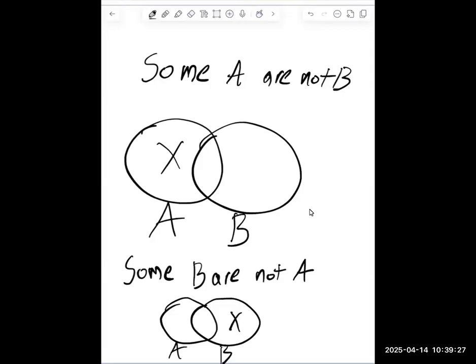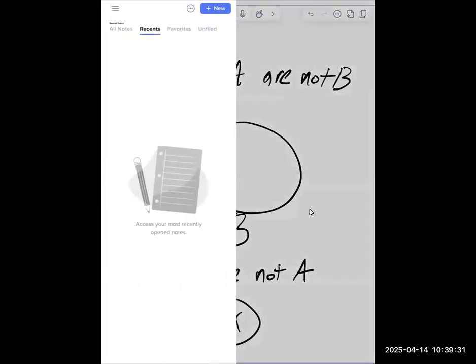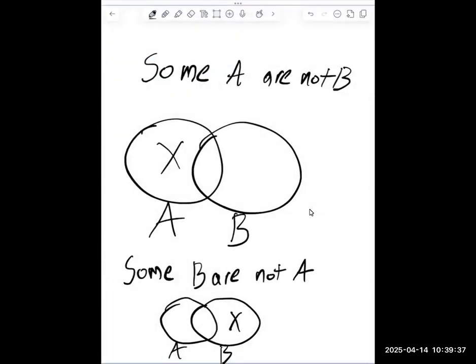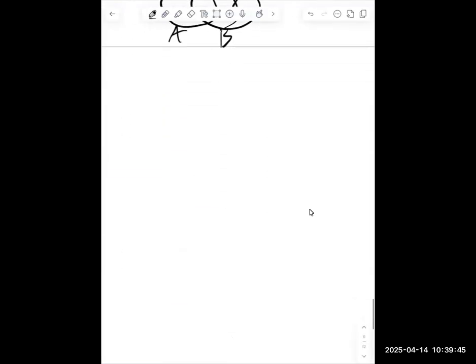The first one tells us there's at least one thing in the first category that's not in the second. Sorry, the second one tells us there's at least one thing in B that's not in A. Different statements. Now, this is important because when you're doing all or some or not statements, be very careful with the order. It matters.